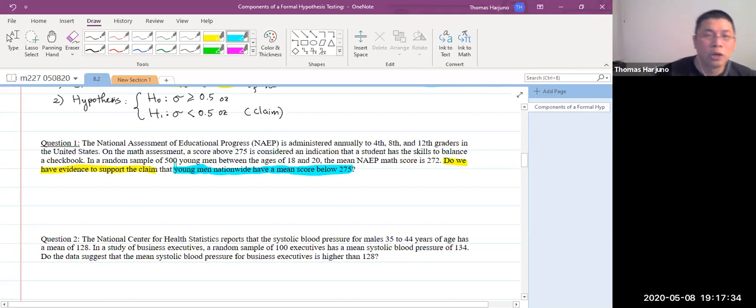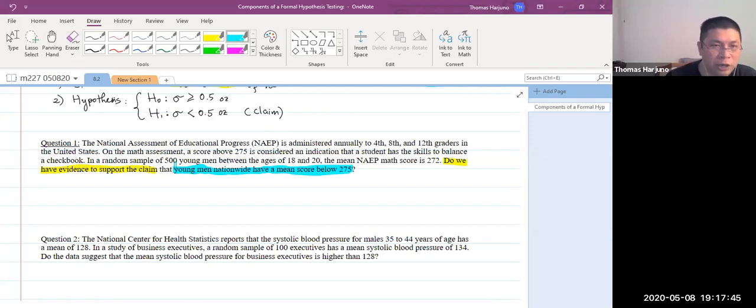So the claim is provided to us explicitly, but they put it in a question. Now, with your English skill, which unfortunately is something I don't teach, you should be able to extract the claim from the question.